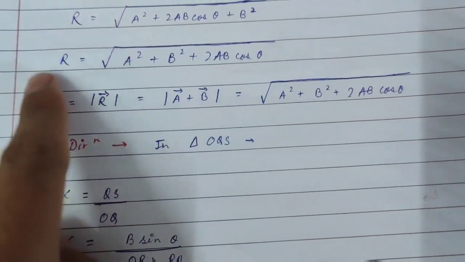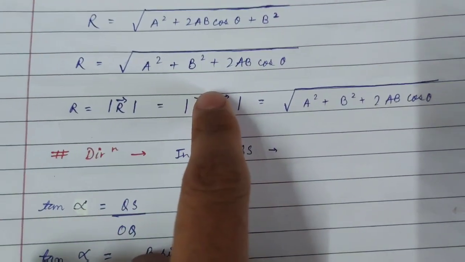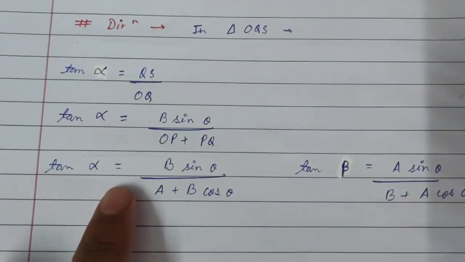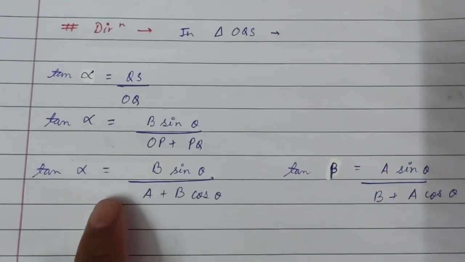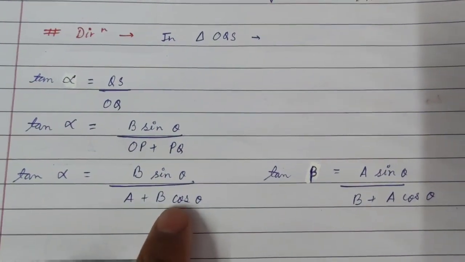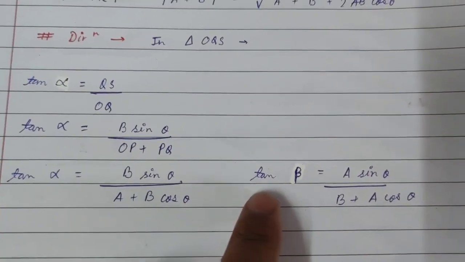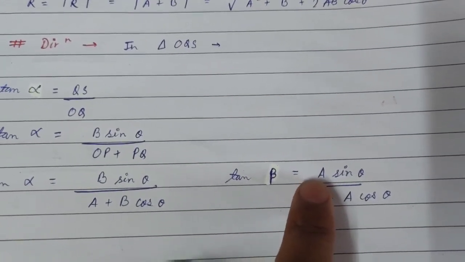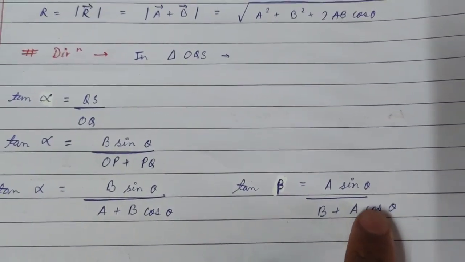This is just representing the magnitude. For direction, tan alpha will be equal to B sin theta by A plus B cos theta. Or if we want to find beta, then tan beta will be equal to A sin theta by B plus A cos theta.